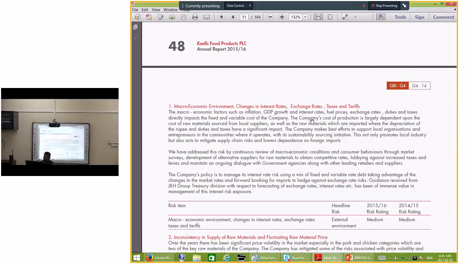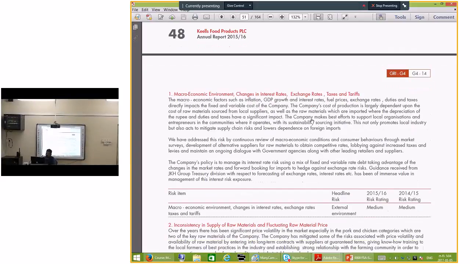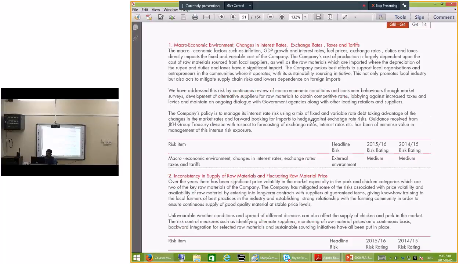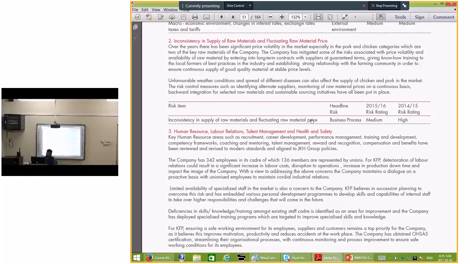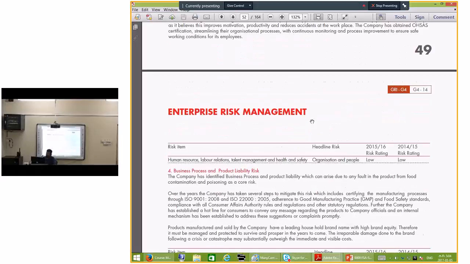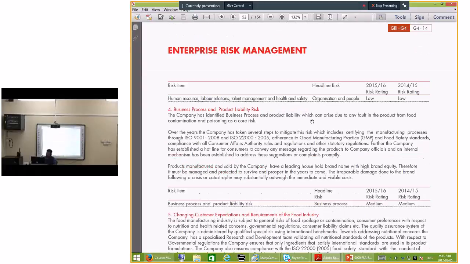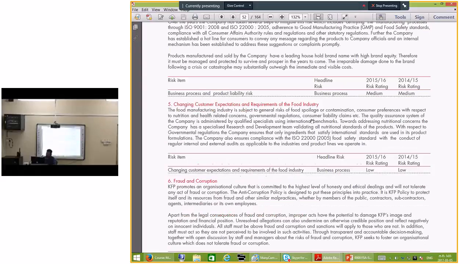Then macroeconomic environment and changes in interest rate, changes in exchange rate and tax and tariff. All macro level information is also given for making decisions, and those are very much important to manage risk level in the future.